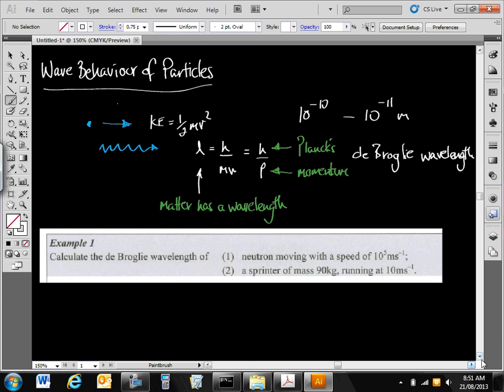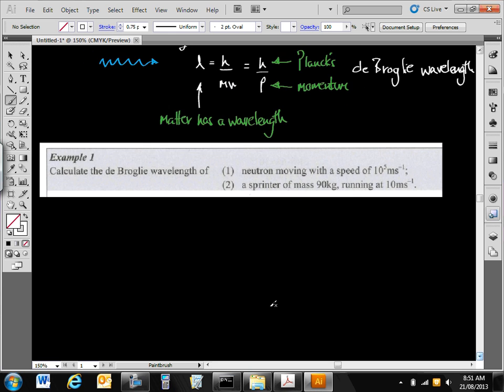Calculate the de Broglie wavelength of a neutron moving with a speed of 10 to the 5 meters per second. So we have V is equal to 1 by 10 to the power of 5 meters per second. The mass of a neutron is 1.675 by 10 to the minus 27 kilograms.